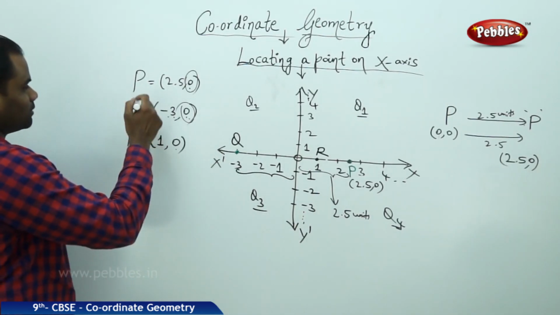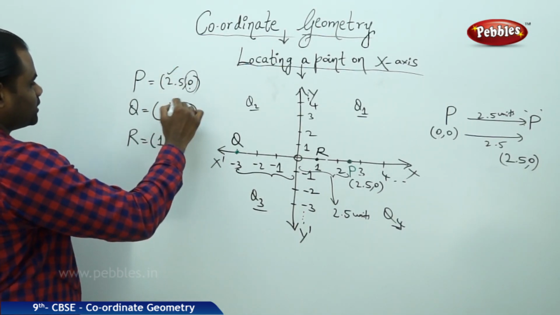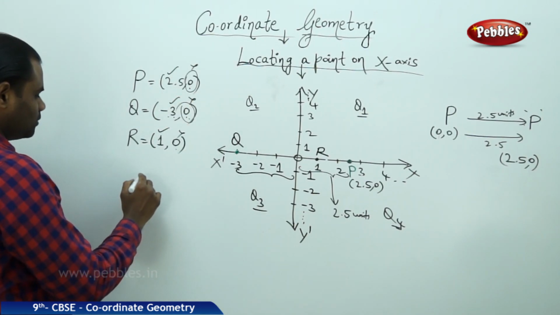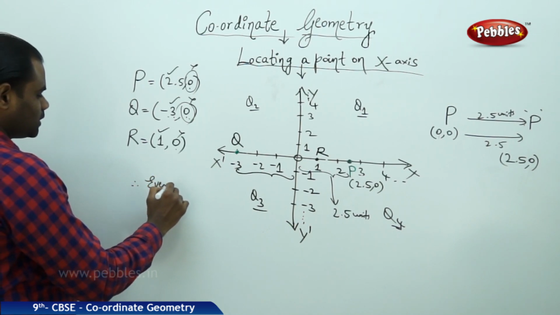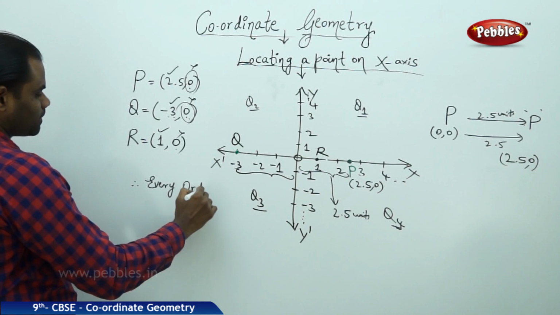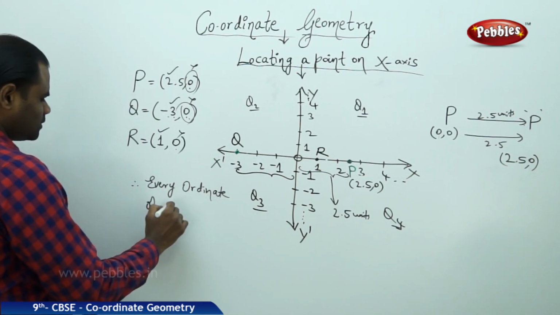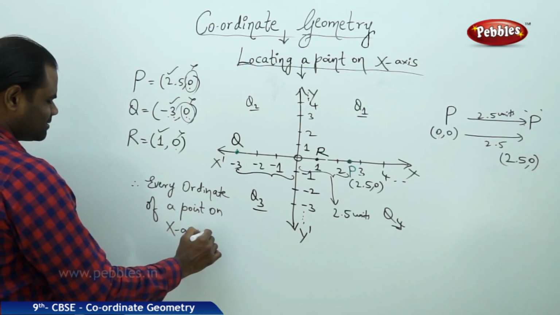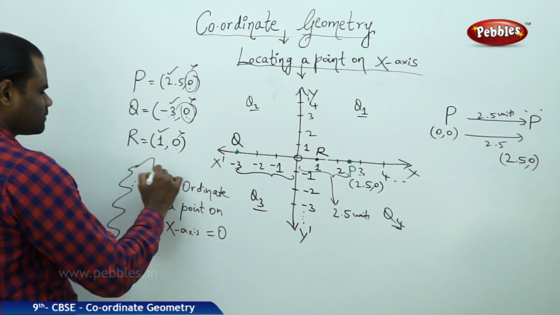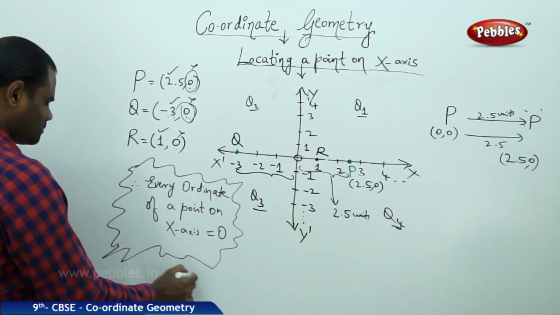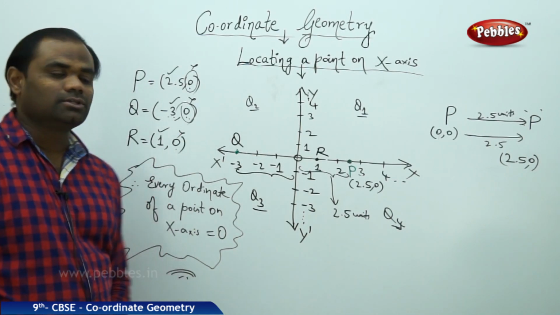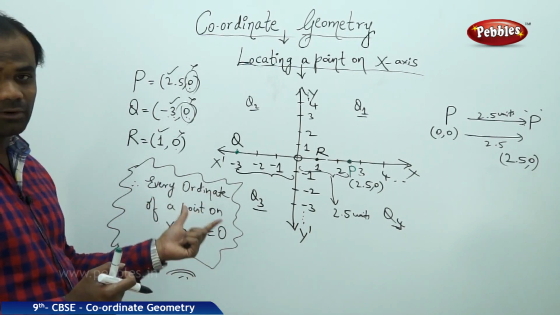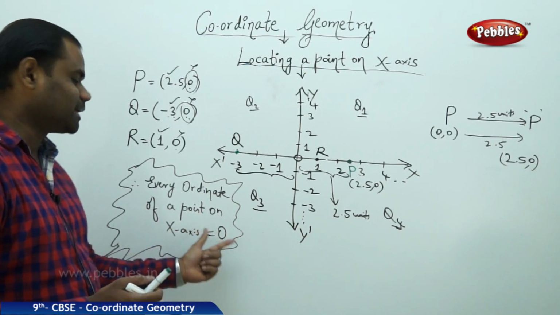Therefore, my note is: every ordinate of a point on the x-axis is always zero. So this is the learning outcome in case of any point on the x-axis. Every ordinate, or every y coordinate, of a point on the x-axis is 0.